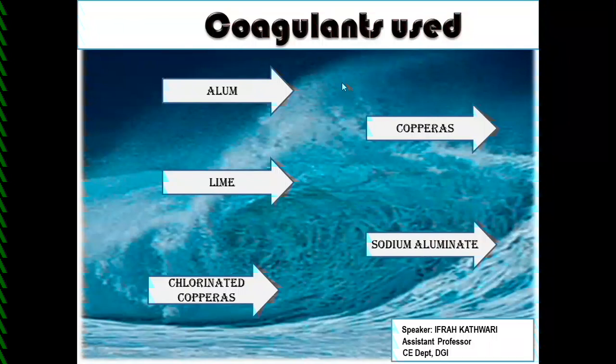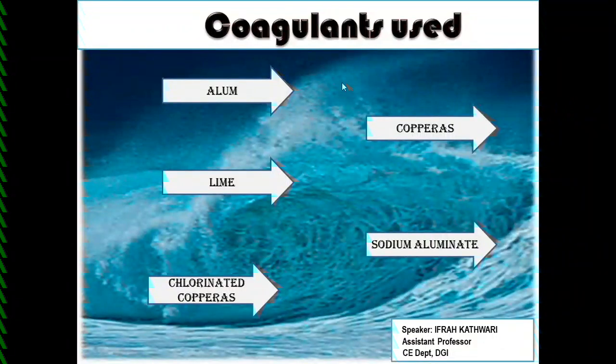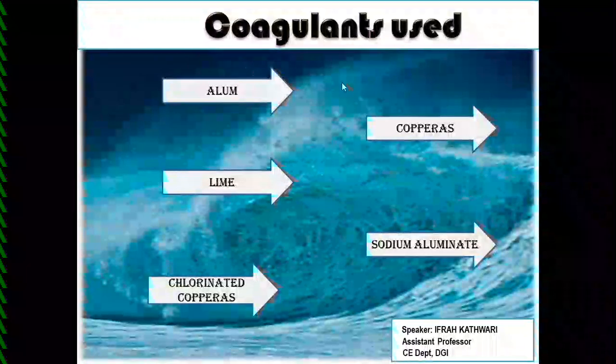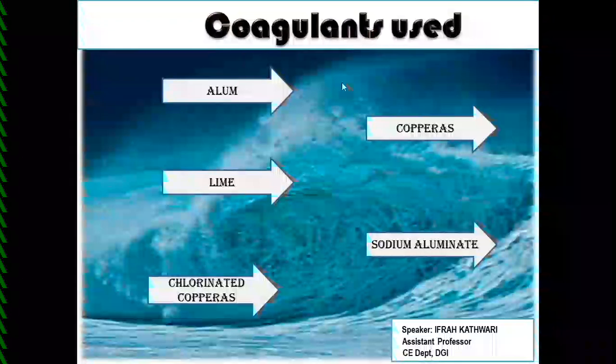Now, if alkalinity is not present, what we do is we add external alkaline agents like lime, or soda ash, to add alkalinity to the water, which means we are inducing artificial alkalinity. For example, if we are using lime, acidity is not induced, hardness is induced.